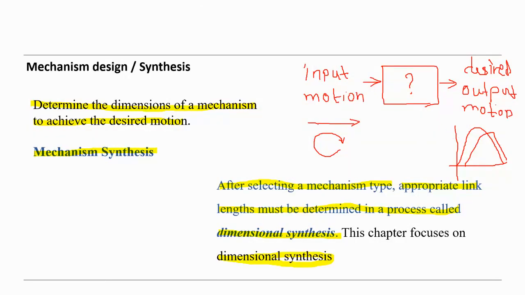So in order to produce the desired output motion, the type of mechanism is important. Type of mechanism. So type is important. And then length of links.